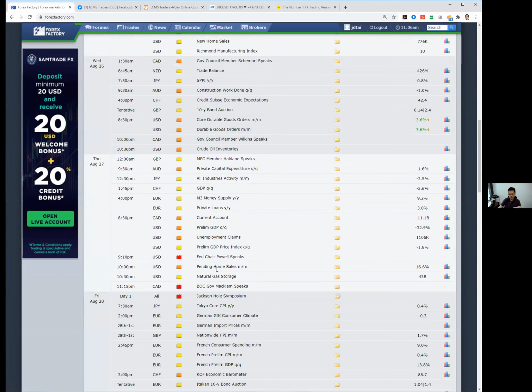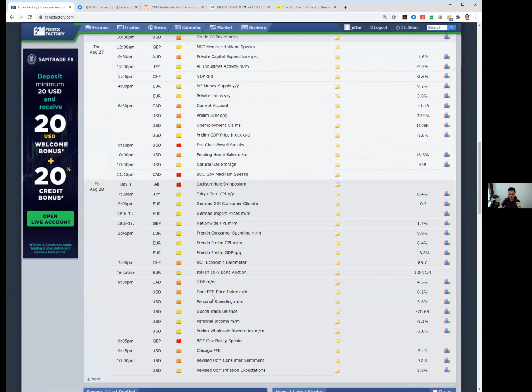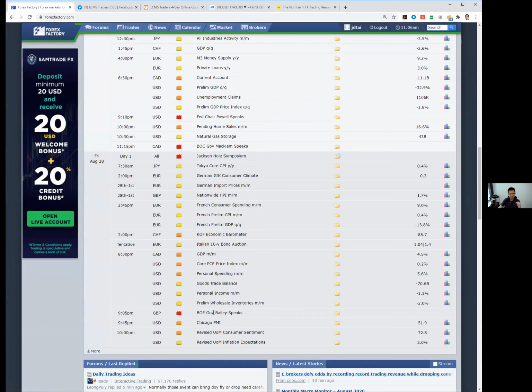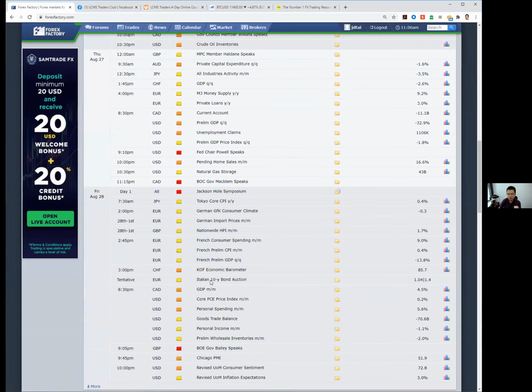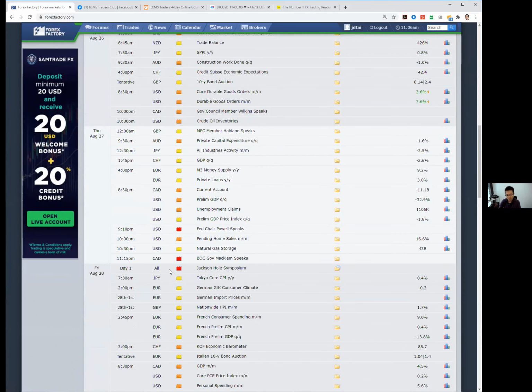Thursday, nothing much, but Jackson Hole starts on Friday, and then we've got all the reserve bankers probably going to be speaking from Jackson Hole onward.